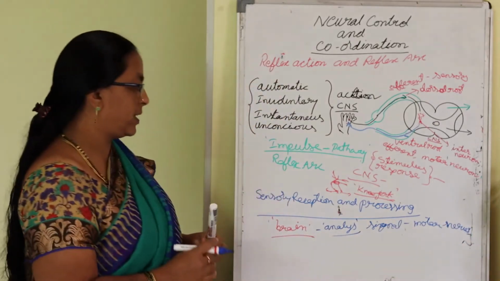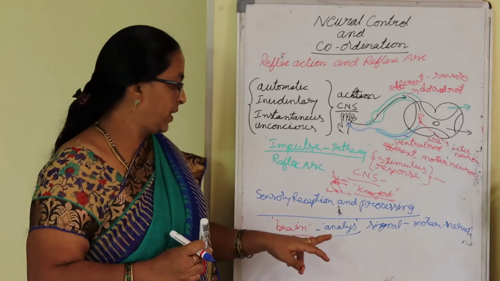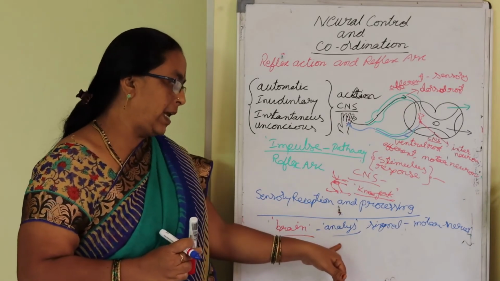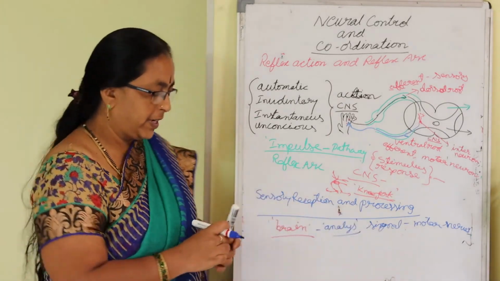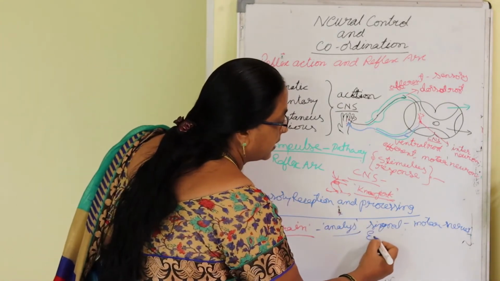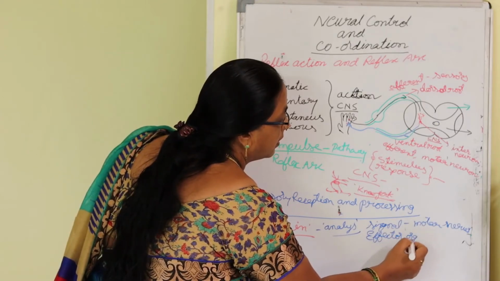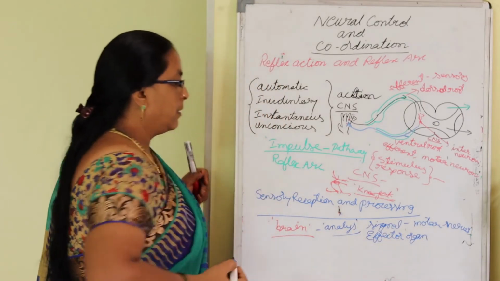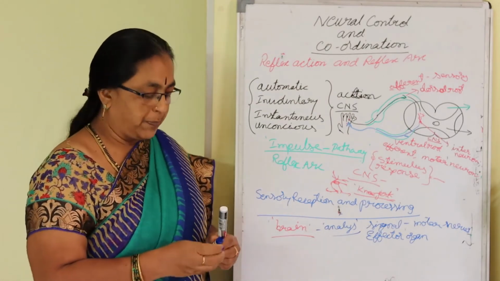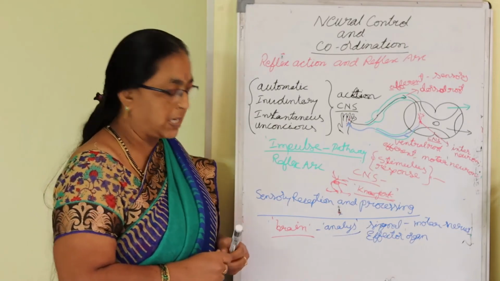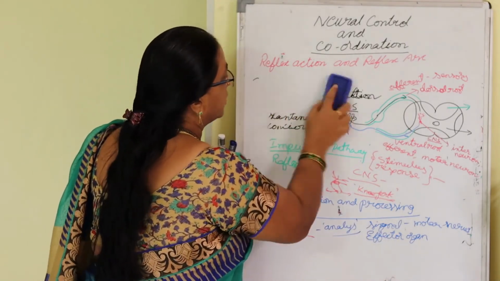So this we call processing, where signals are input into the brain, analyzed and given to the effector organ. This signal reaches the effector organ. So we have different types of sensory receptors in our human body that we will discuss in this topic.